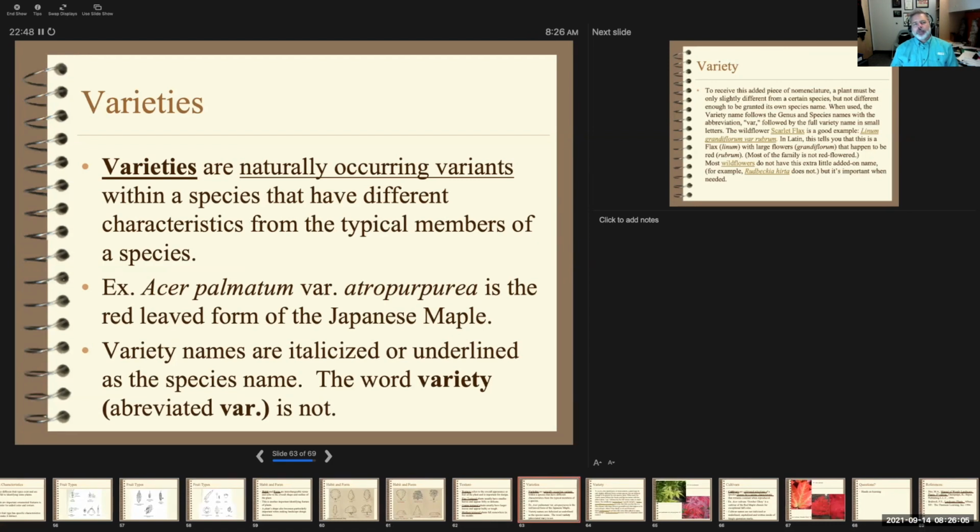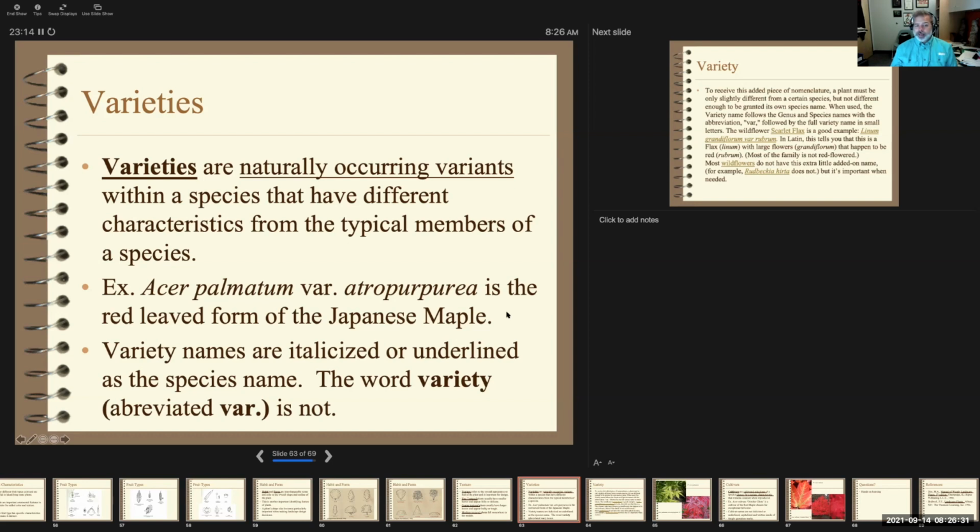Sometimes we may run into varieties of plants, and varieties are naturally occurring variants within a species that have different characteristics from the typical member of a species. The example that I'm giving you down here is Acer palmatum variety Atropurpurea. Acer palmatum variety Atropurpurea is the red leaf form of Japanese maple.